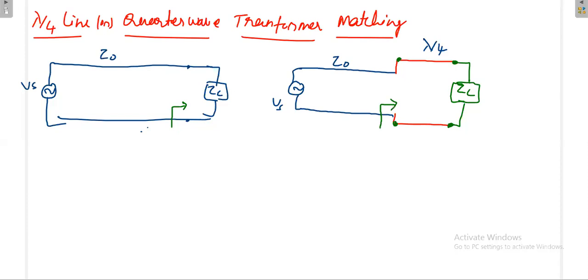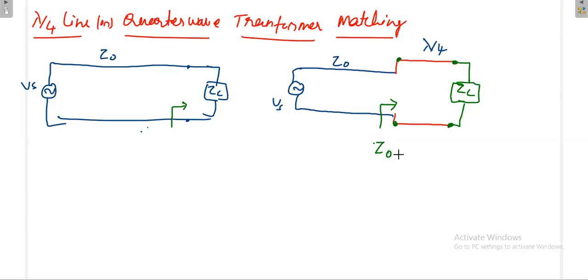Now when I look towards the load from this position, if the impedance is Z0, then no reflection. That is the concept, because I have introduced something. After introducing it, when I look from this point, ZL is already there, and a section of transmission line is there, but the overall impedance provided by this structure is Z0.